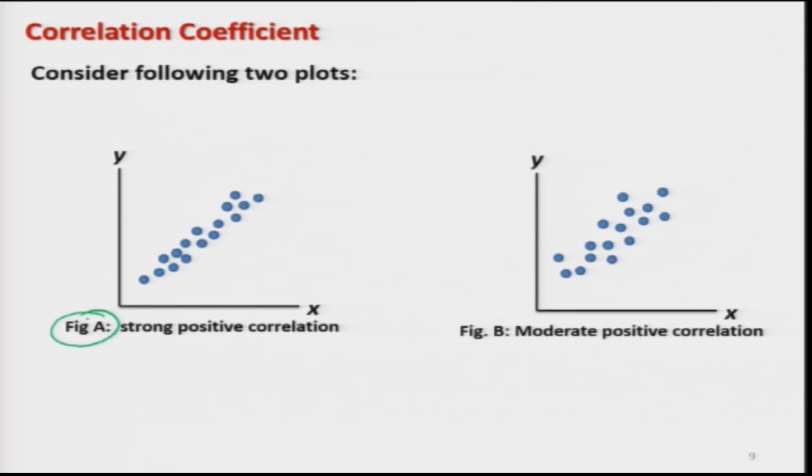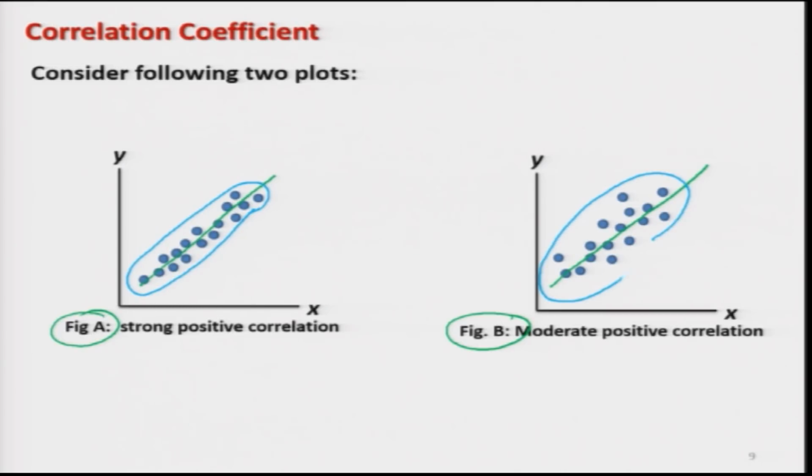Similarly, if I take two situations of having a positive relationship, in figure number A and figure number B, the trend line will look like this. In figure A, you can see that the points are lying closer to the line than in the case of figure B. I am assuming that the scales of both the figures are the same, otherwise there can be confusion.